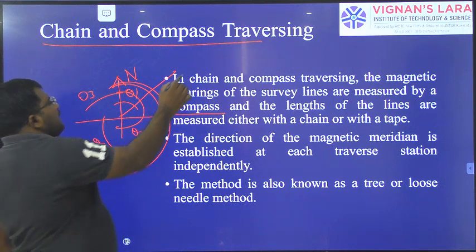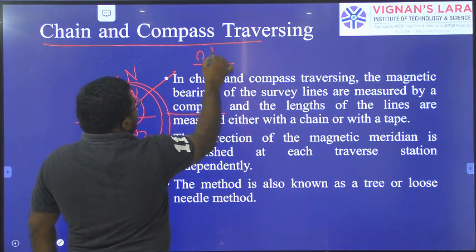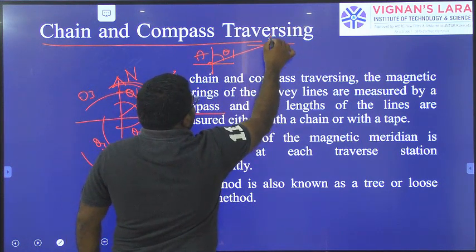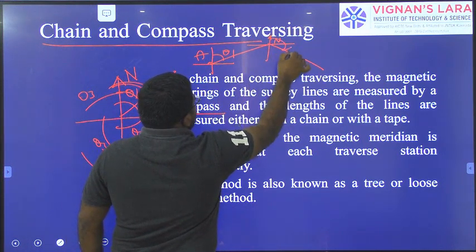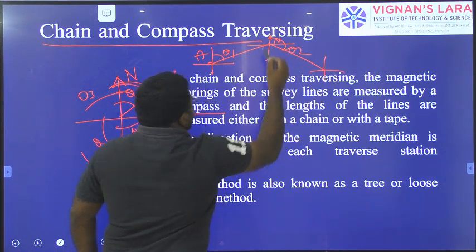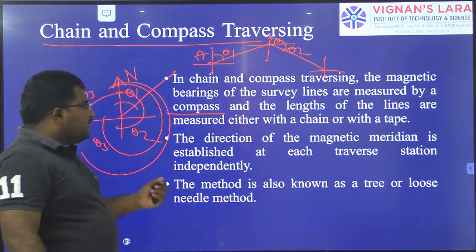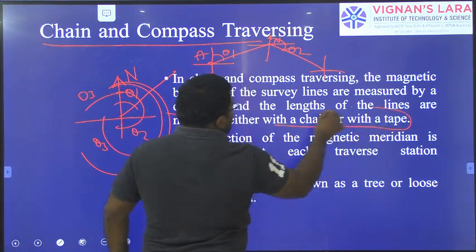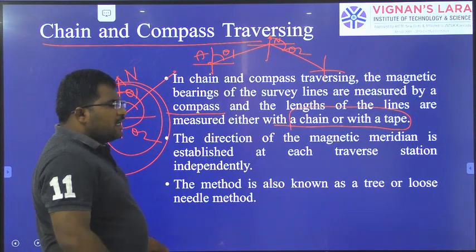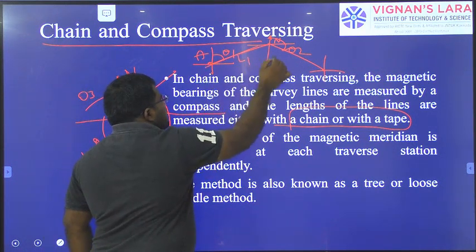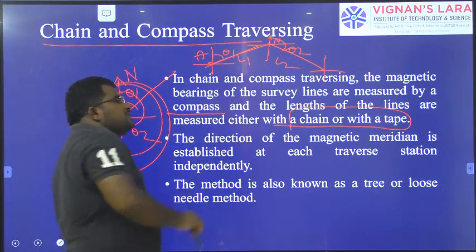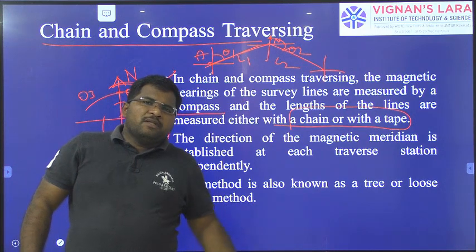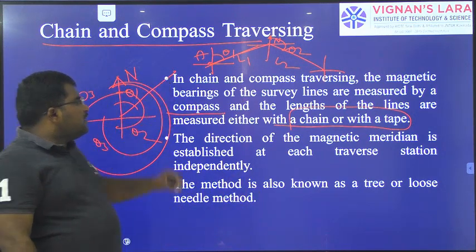If I take one point A and move to another point, these types of bearings will be taken with the help of the compass, and the lengths of lines are measured with either a chain or a tape. Whenever you are measuring the angle with respect to the north direction, that is called bearing.